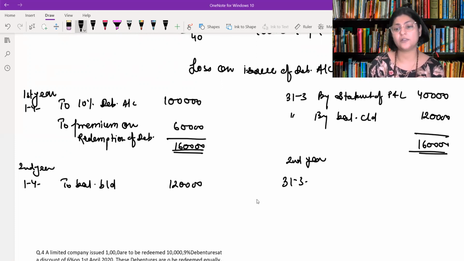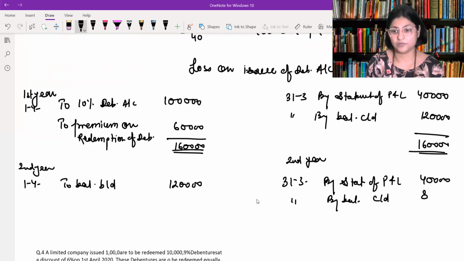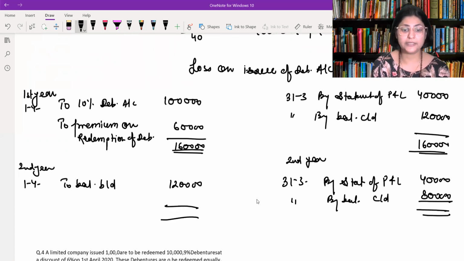Here in the second year, the amount written off by statement of P&L was 40,000 rupees. So 40,000 rupees I'm going to write over here, and the remaining part will go as balance carried down. The balance carried down will be 80,000 rupees, making the total 1,20,000 rupees.